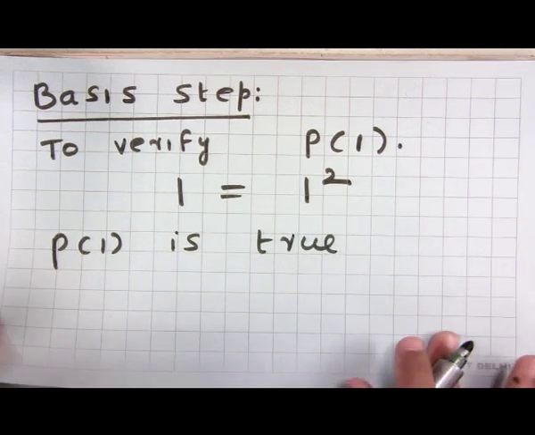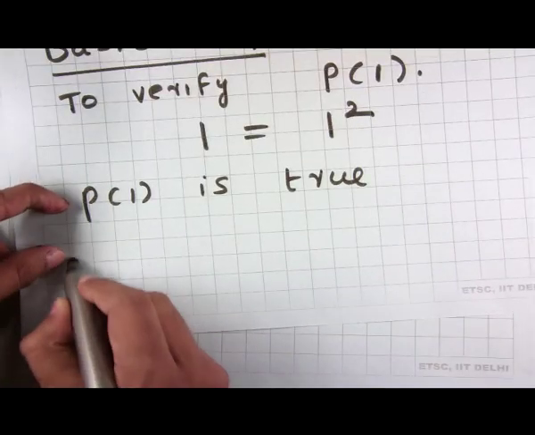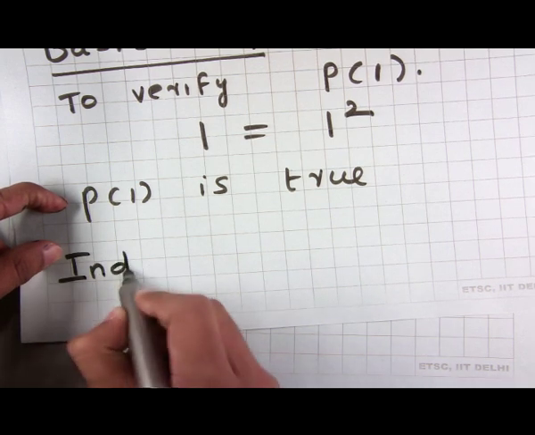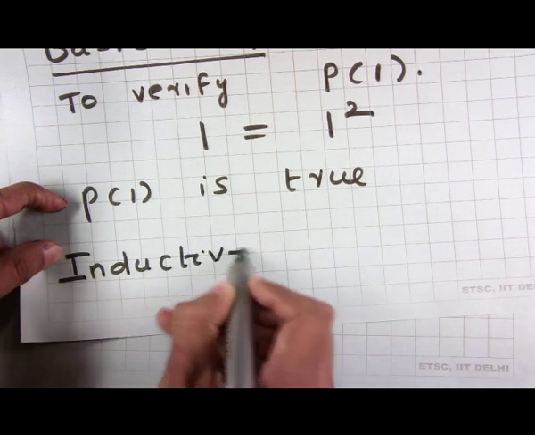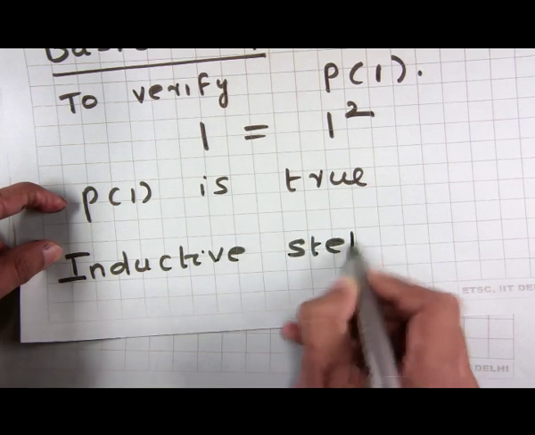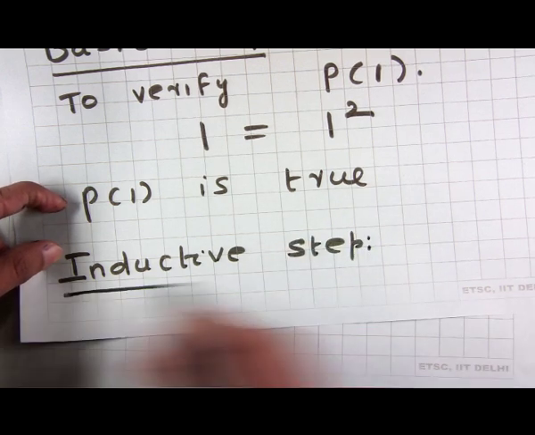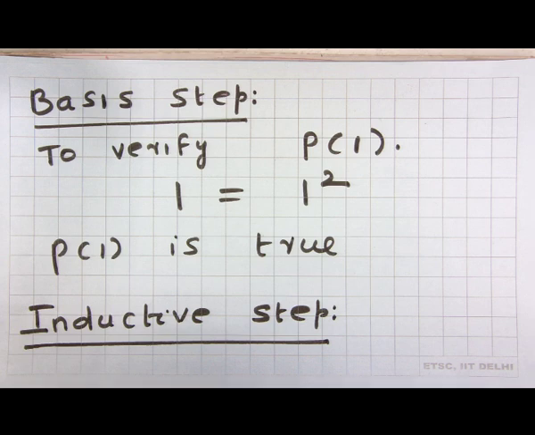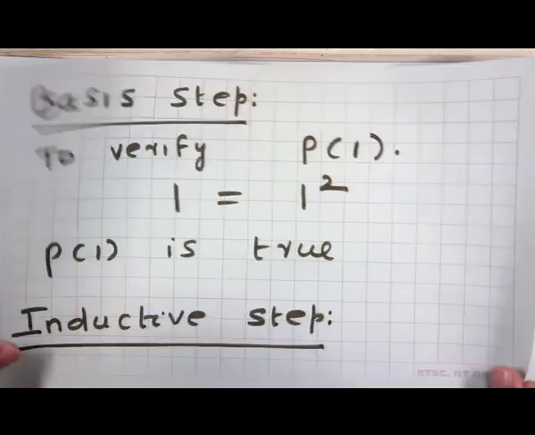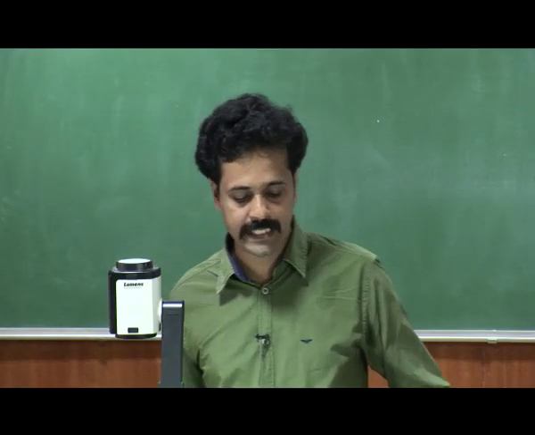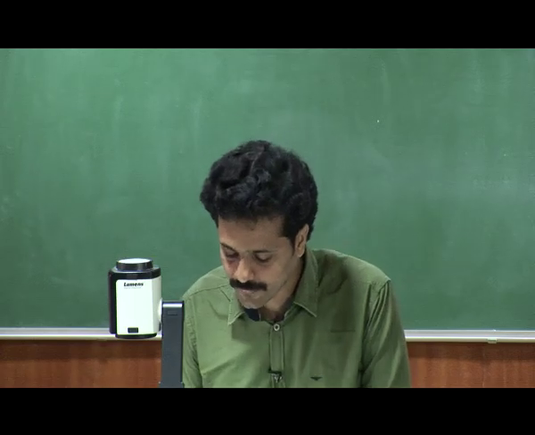Now, let us go to the crucial step, namely the inductive step. Let us recall, in the inductive step, we make the assumption P of k is true, which is known as the inductive hypothesis.